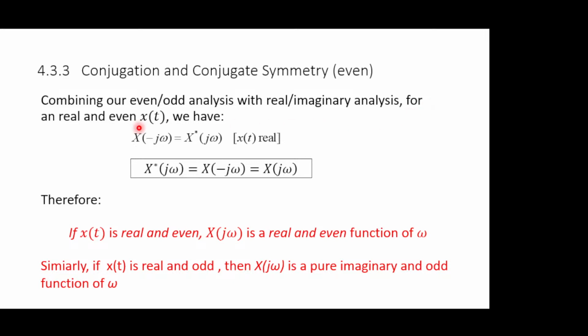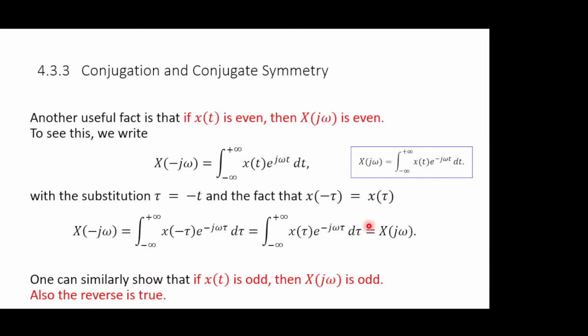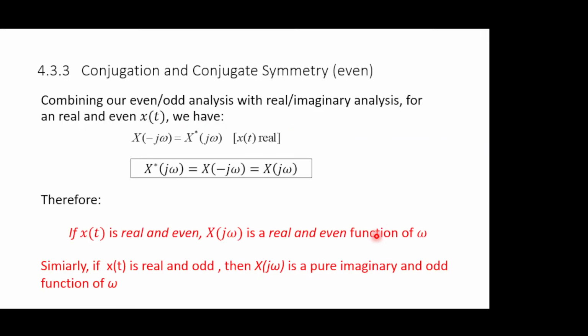So let's say if we have the real and even x of t, then starting from x is real, we have X of minus j omega equals X star of j omega. And then from this even analysis we have here, if it's even, X of minus j omega also equals X of j omega. So in the end, X star of j omega equals X of minus j omega from real, and X of minus j omega equals X of j omega from even.